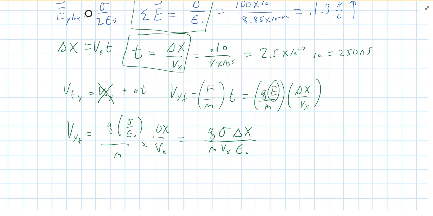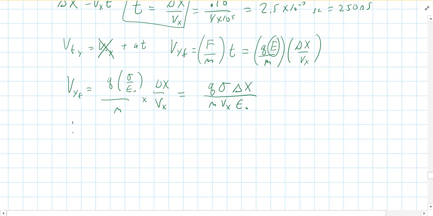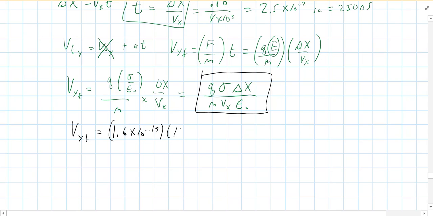Now, the Q and the m are the charge and the mass of an electron. So if I were actually going to plug all these in, let's get numbers for this. This is the expression for the velocity. The charge of one electron is 1.6 times 10 to the negative 19th coulombs. Sigma, we already know that. It's 100 times 10 to the negative 12th, that's your pico.